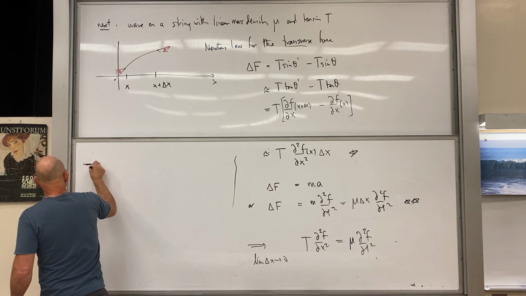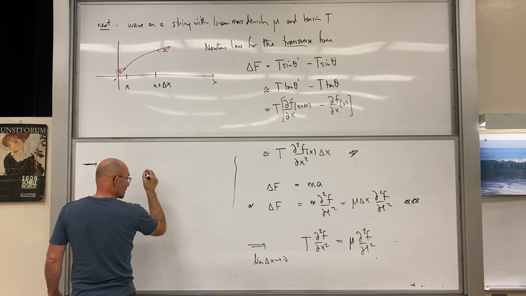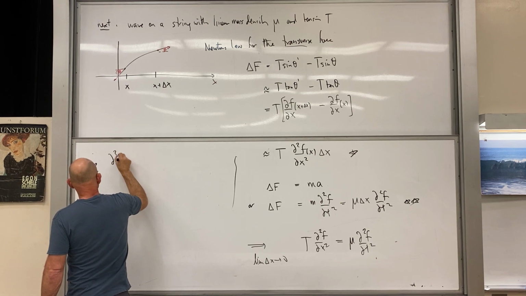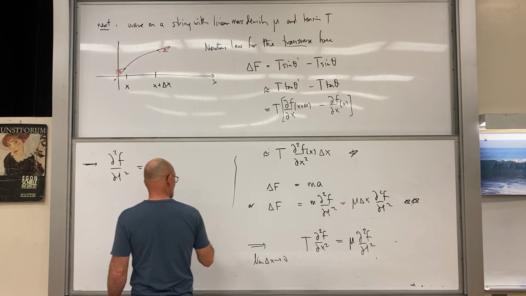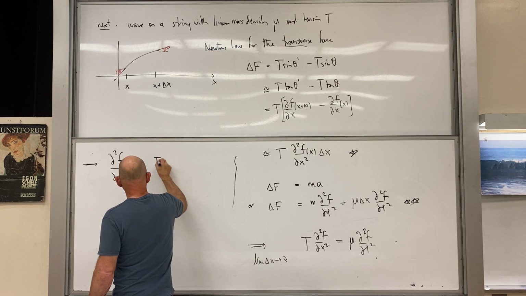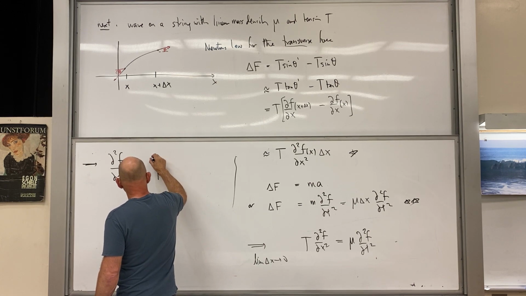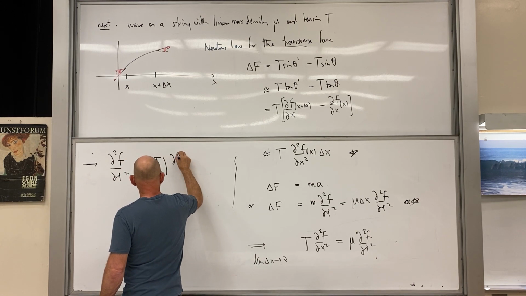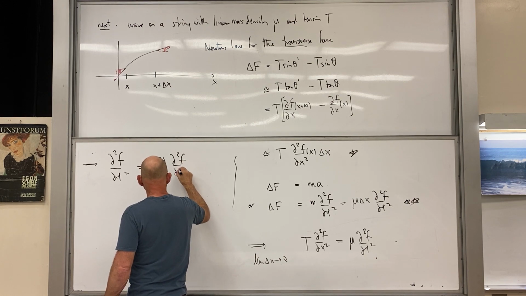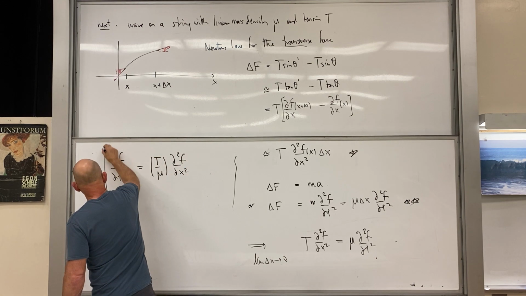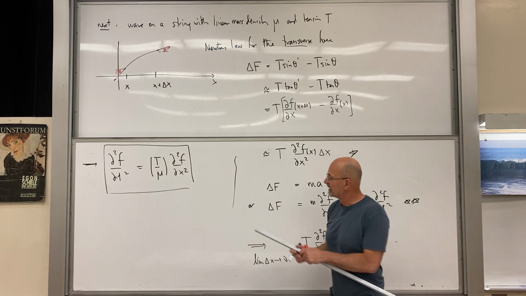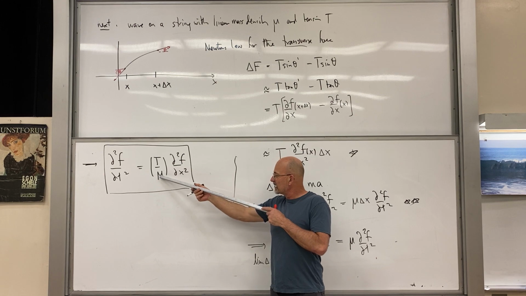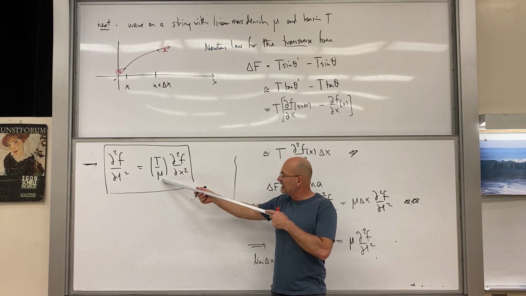So we have d squared f dt squared is equal to T over mu d squared f dx squared. So once again, one-dimensional wave speed, and we can see that this tension divided by linear mass density gives us the speed squared again.